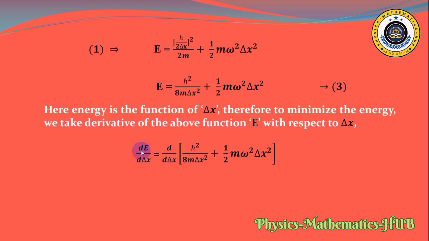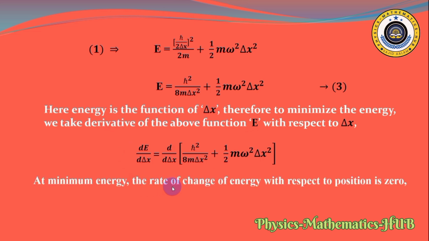So dE divided by d del x is equal to d divided by d del x of the given function. At minimum energy, the rate of change of energy with respect to position is 0. So we can write dE divided by d del x is equal to 0.